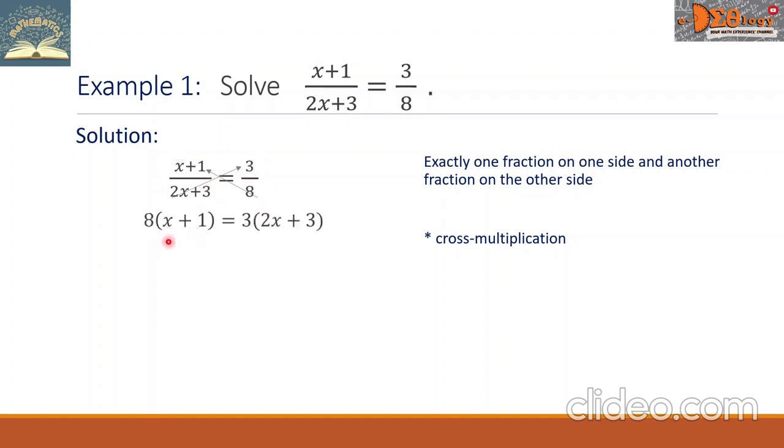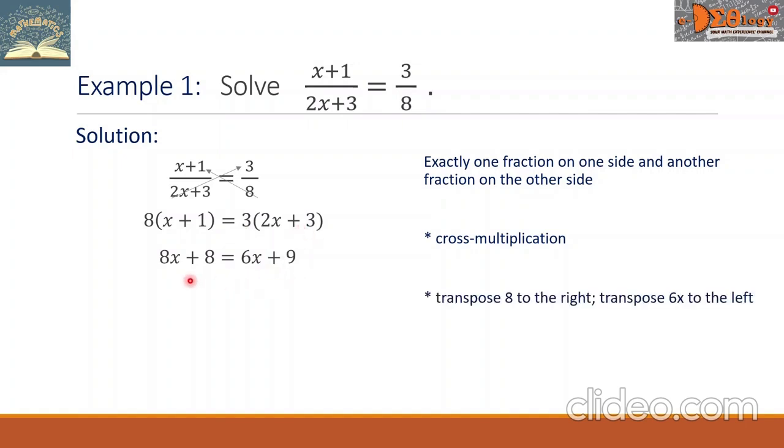So 8 times x plus 1 equals 3 multiplied by 2x plus 3. Then we simplify both sides. 8 times x is 8x, 8 times 1 is plus 8, equals 3 times 2x is 6x, 3 times 3 is plus 9.